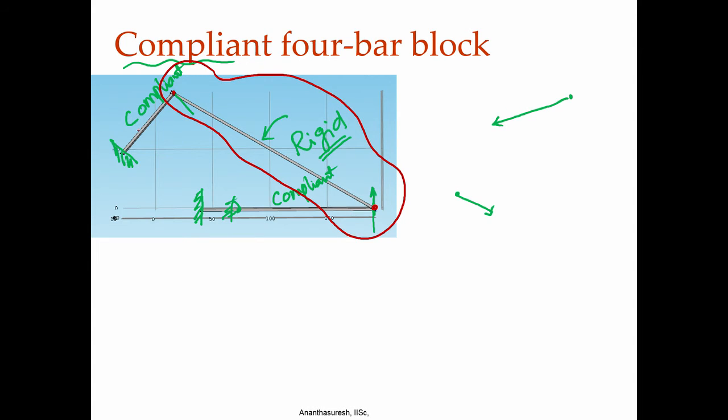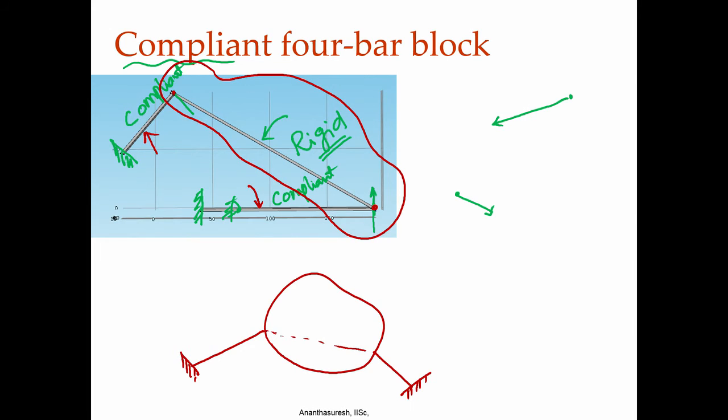So, one is this one, other is that one, that is the concept here. So, I have a rigid body, it is connected to one compliant segment, another compliant segment. Okay. In between what we join is just a representation for the rigid body, which we can show as if it is rigid one by joining a thick line or a wide line.